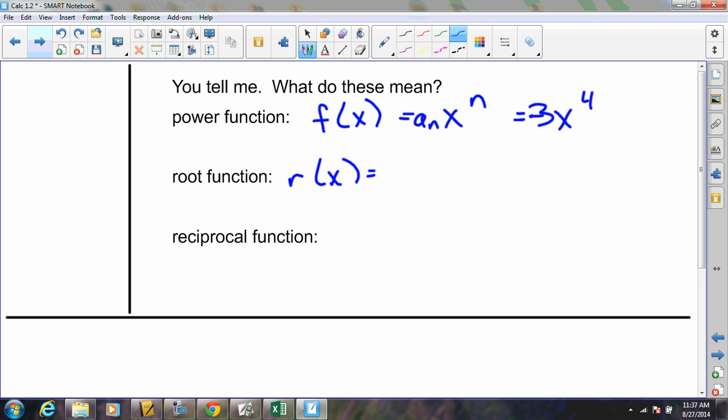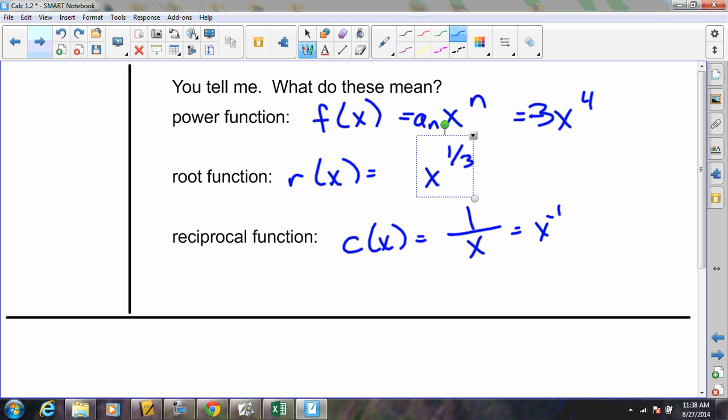So if we're writing them out, that would be something like the cubed root, 1/3 power. The reciprocal function. The reciprocal function is the very specific one: 1 over x, or x to the negative 1.